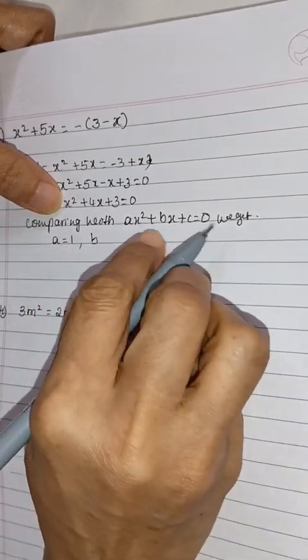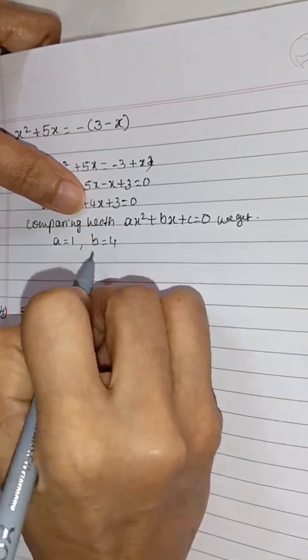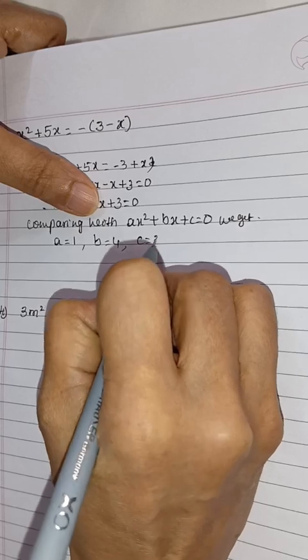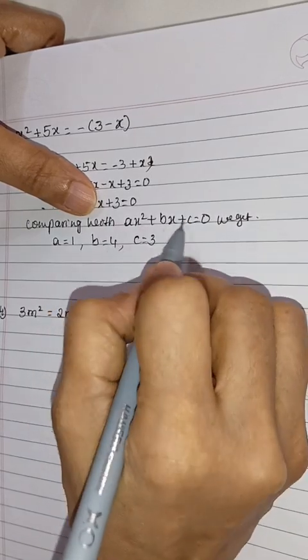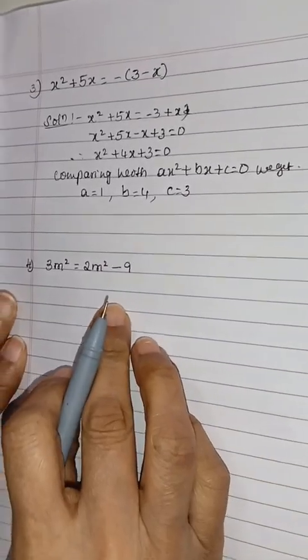Then b, in place of b is 4, and c is the constant 3. This is the answer.